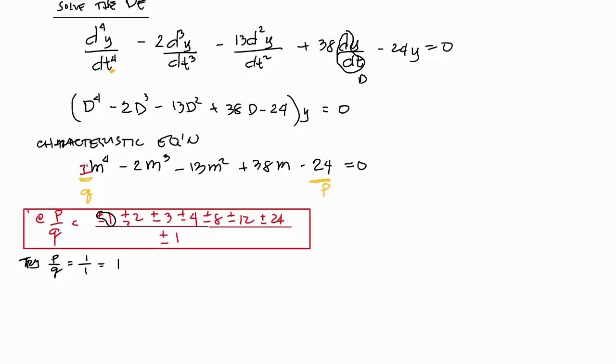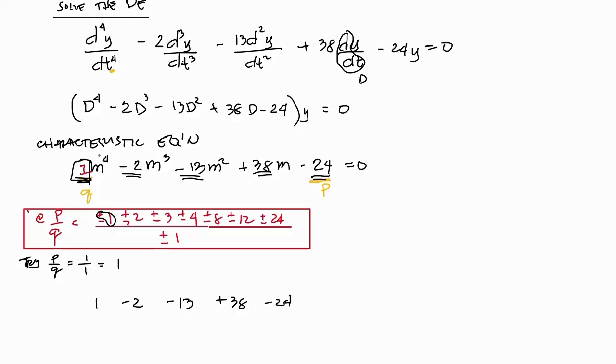So using synthetic division, we need to get each coefficient of our characteristic equation one by one. So we have 1, negative 2, negative 13, positive 38, and negative 24.